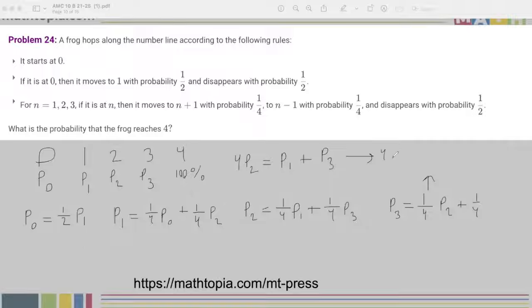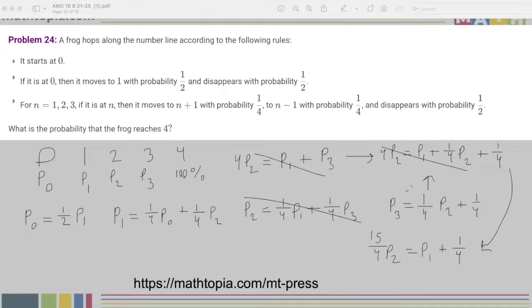So we get that 4P2 is equal to P1 plus P3, but instead of P3, we write in 1/4 P2 plus 1/4. And we can combine like terms. And that will give us 15/4 P2 is equal to P1 plus 1/4. Right. Okay. So in this case, we've basically eliminated all of these equations, and now we have three equations to work with.